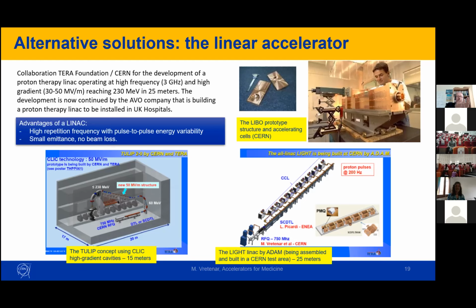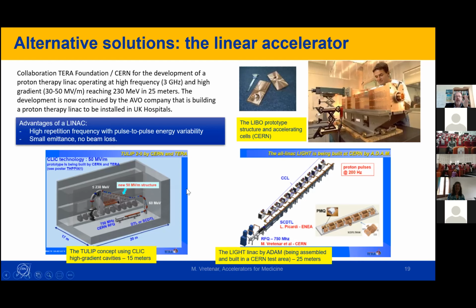In a LINAC, you can pulse at a high repetition frequency. You can have many bunches, and you can change the energy very easily to scan the tumor longitudinally. You can do it also with synchrotrons, but it is more complex. So an advantage of the LINACs is that it is easier to scan.